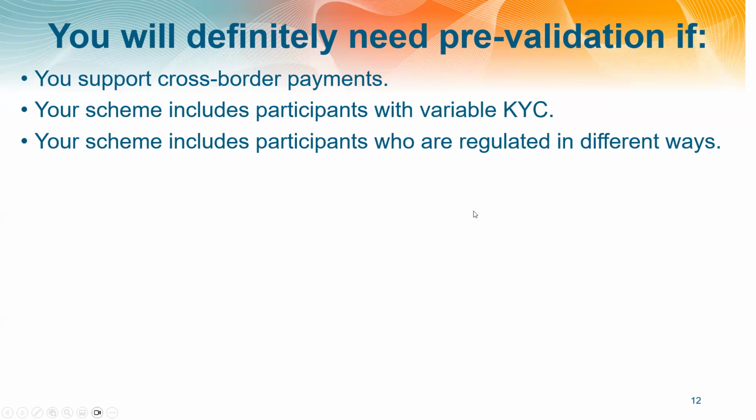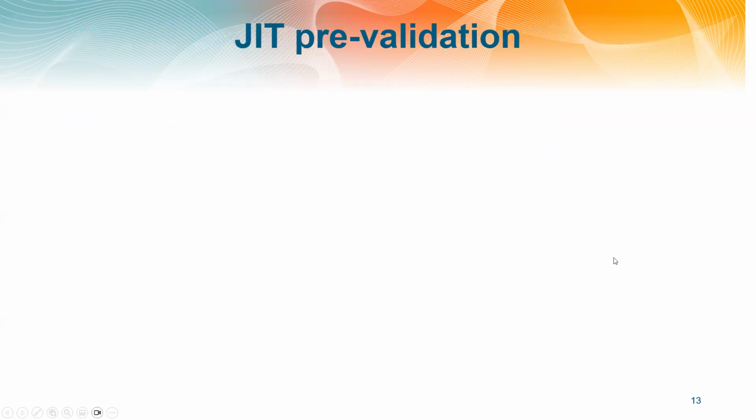So you might say, well, okay, we'll start without pre-validation and we'll add pre-validation to the scheme when we need to, when one or other of these considerations becomes a reality. Now, that's what I would call just-in-time pre-validation.